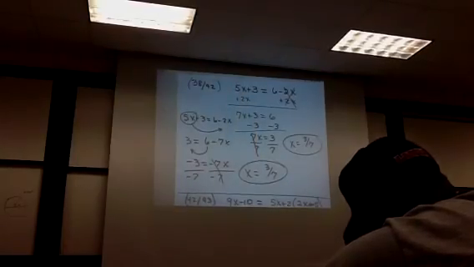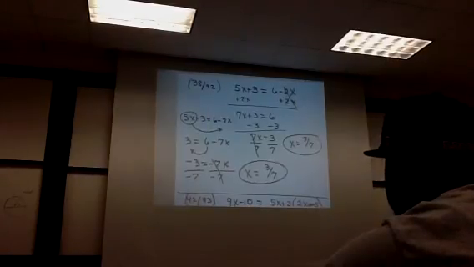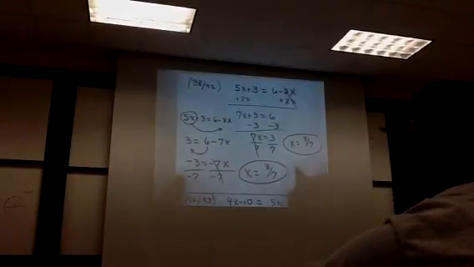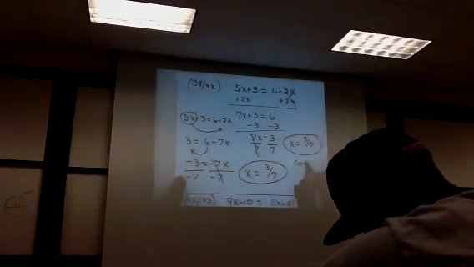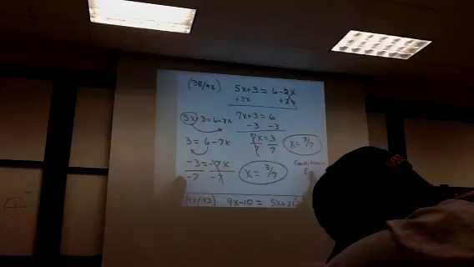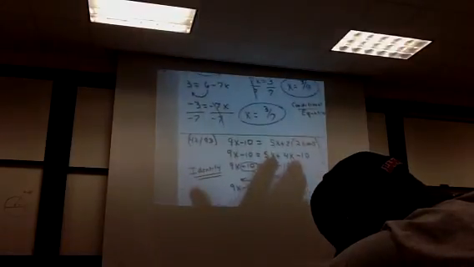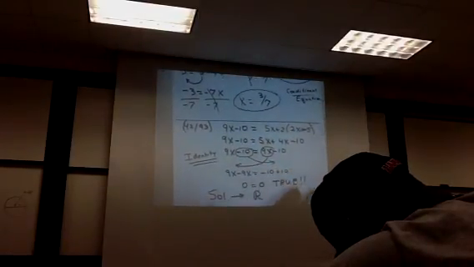It's true under the condition that x is 3/7. This is a conditional equation, because it's true under one condition. This guy, on the other hand, is true no matter what x is.